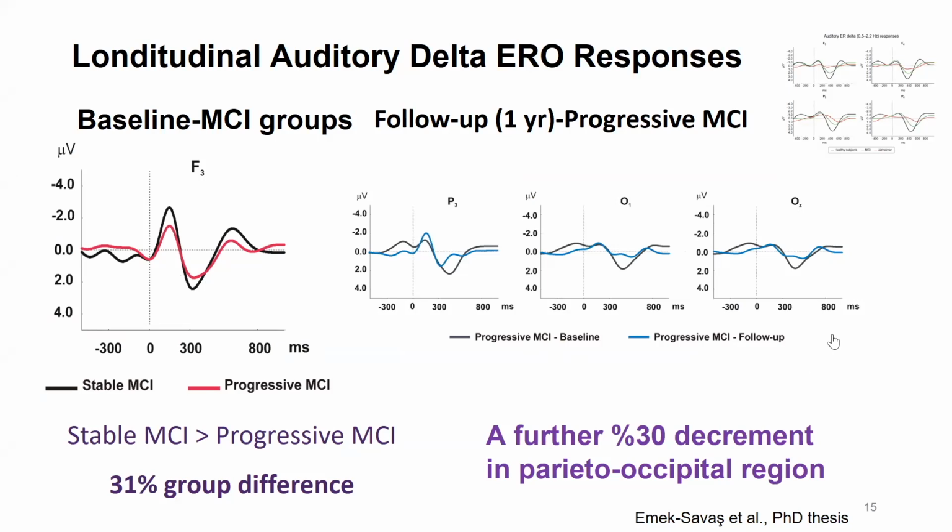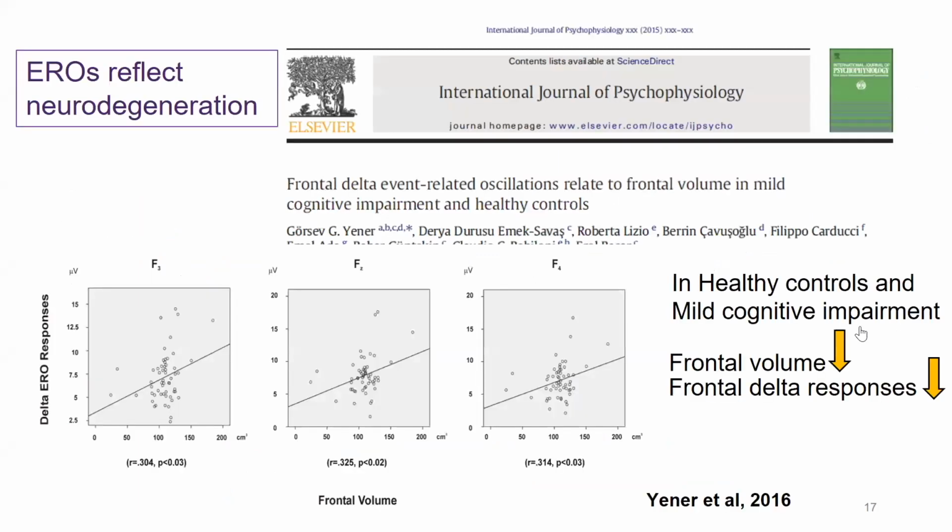Also, neurodegeneration can be reflected by event-related oscillations in healthy controls and mild cognitive impairment. When frontal volume decreases or gets atrophied, you have lower frontal delta responses in this population.